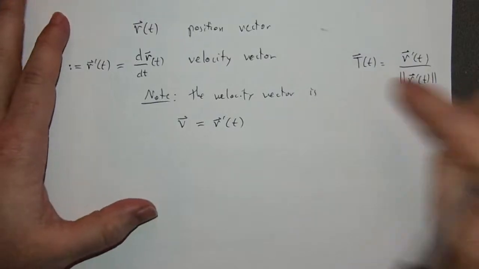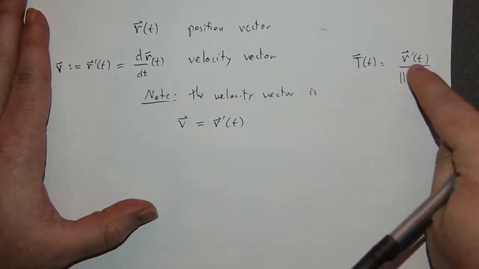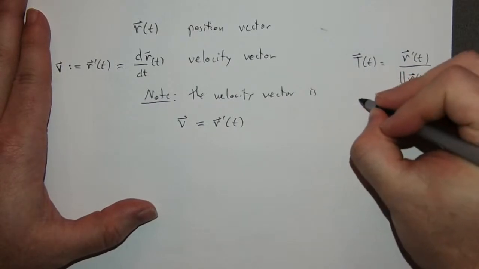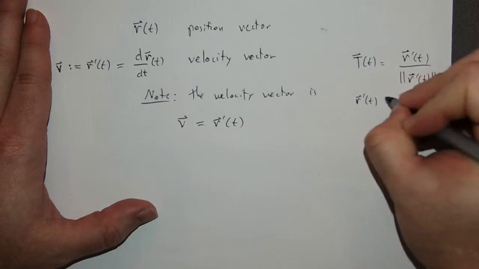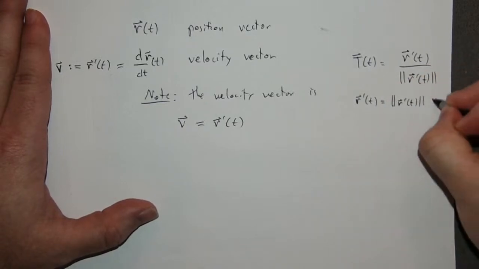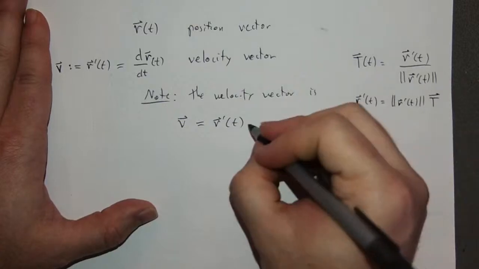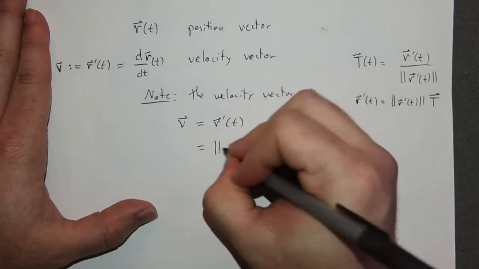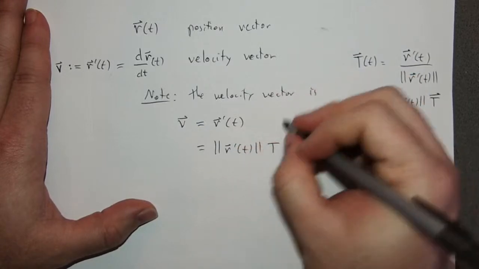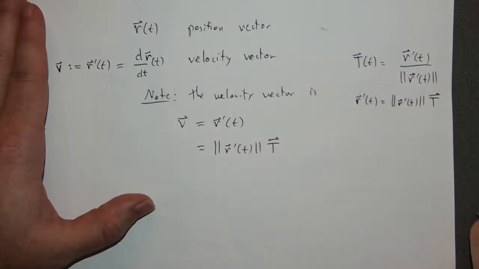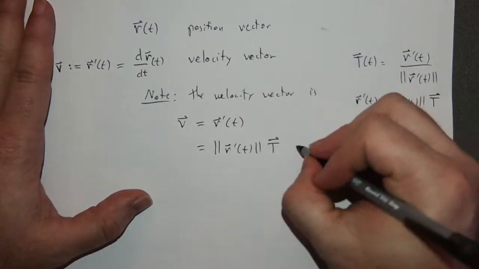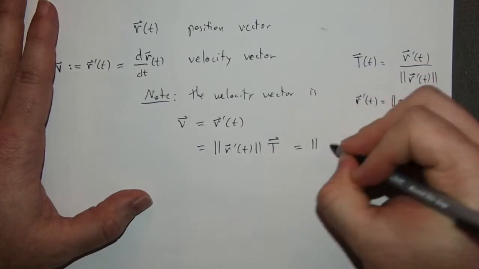Or another way of thinking about this, if I multiply both sides by this length, r prime of t is equal to the length of r prime of t times T. And so this is really the length of r prime of t times my tangent vector T. But v is r prime, so the length of r prime is really the length of v.